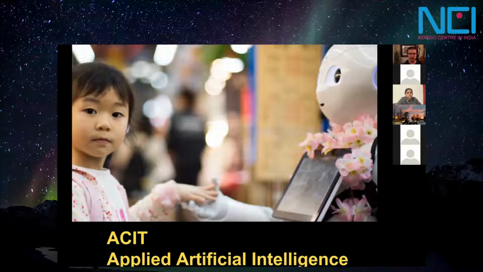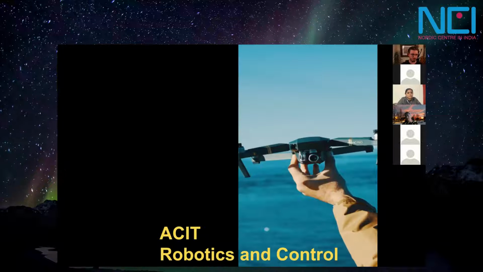Then we have applied artificial intelligence, and this would be one of the specializations that, like in many of the other Scandinavian examples, addresses artificial intelligence, but here we still keep a very applied focus and look at how the different approaches within artificial intelligence are used today. And I'll give you an example in a second of where this was used.